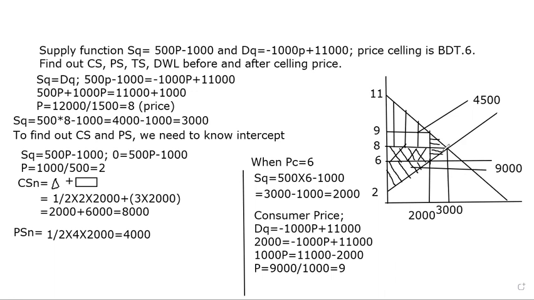So right now we have new producer surplus. Sorry, this is new consumer surplus. Producer surplus new equal to 4,000. Initially it was 9,000. New consumer surplus, it was 4,000.